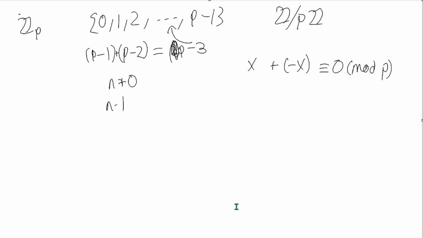But then here's a very, very interesting property. Every element that is not equivalent to 0 mod p has a multiplicative inverse.